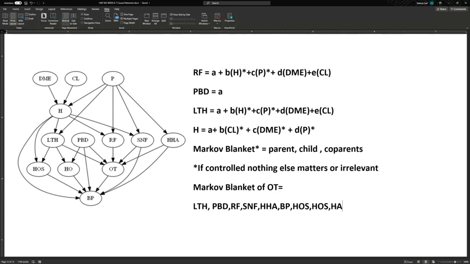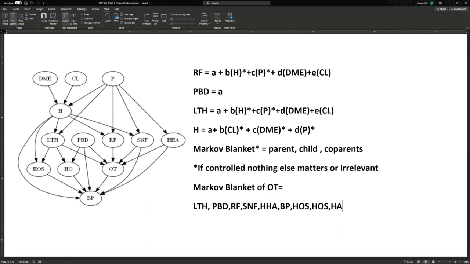Anything that's significant and following is the child. So we can identify parents and children by the timing of the events, and we can identify if they are inside or outside the Markov blanket by significance.